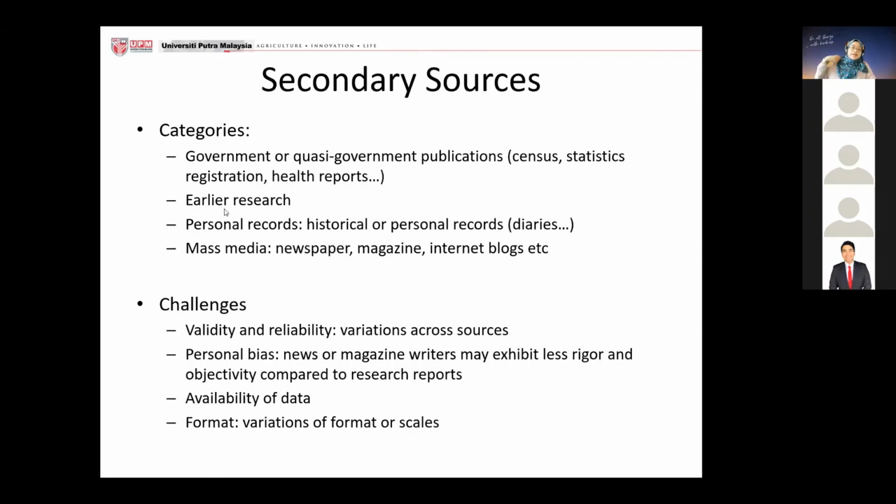However, just to highlight here, what are the challenges? Imagine you're using something that is already published out there. How are you going to make sure that the data is valid? How reliable is the data?